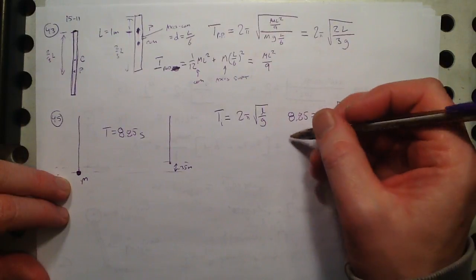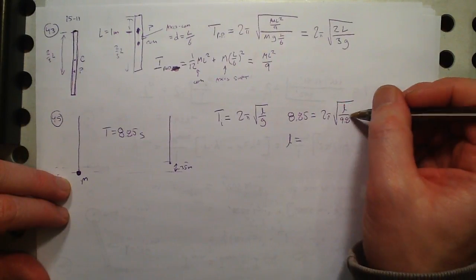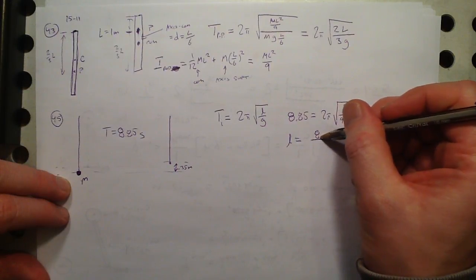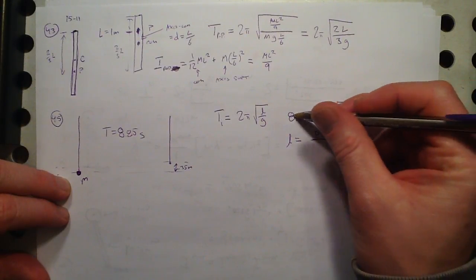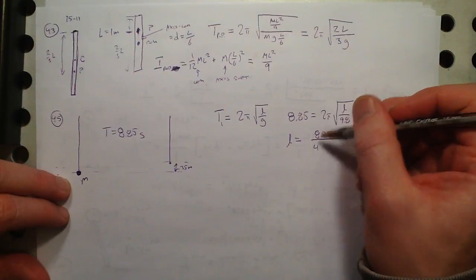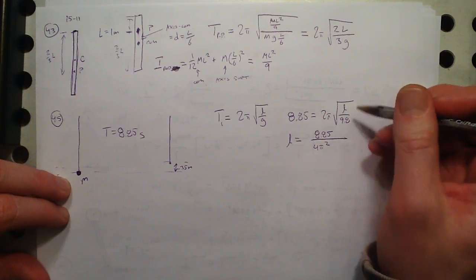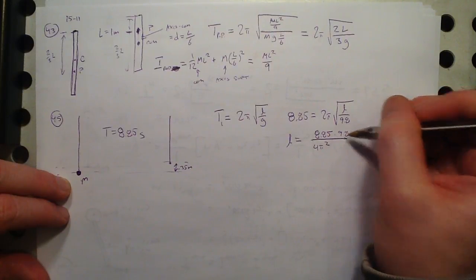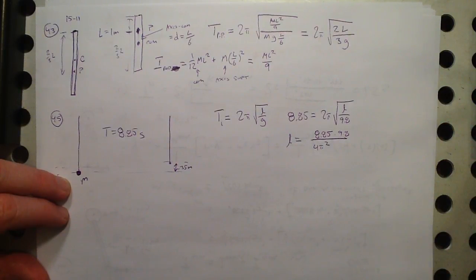So L is going to be equal to, if we square both sides, my 8.85 will still be up here, I need to divide by 4 pi squared, and 9.8 will be up here. Let me check my math there. I think that's right.